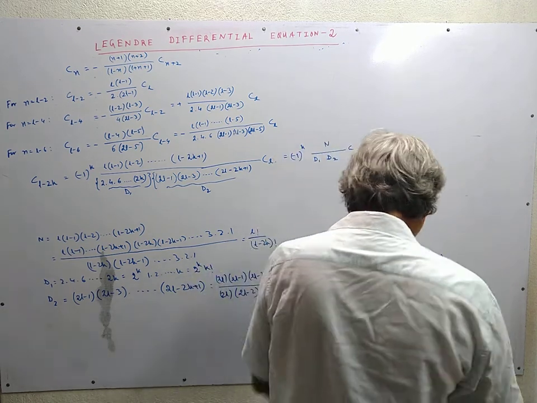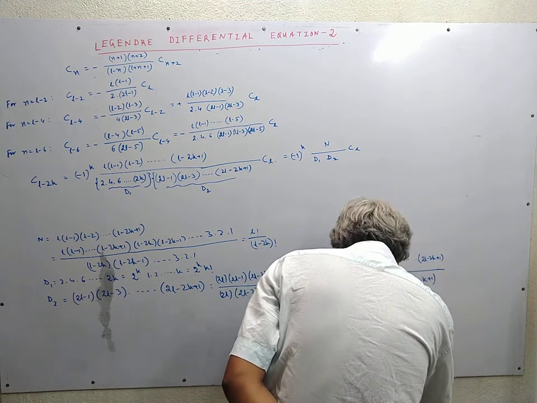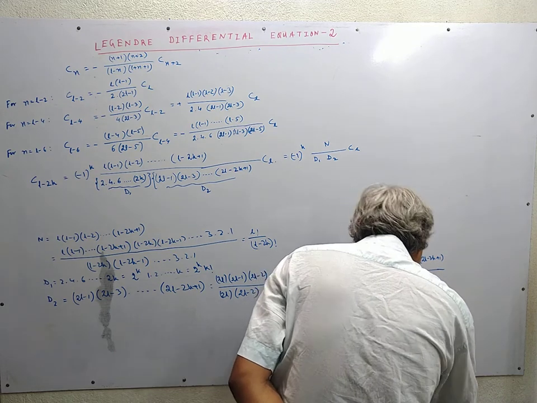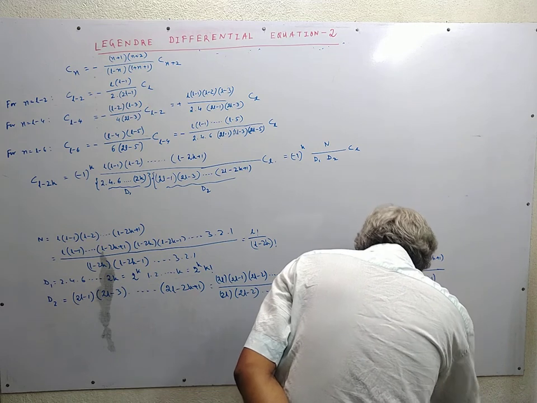The numerator of it can be written as 2L factorial divided by 2L minus 2k factorial.